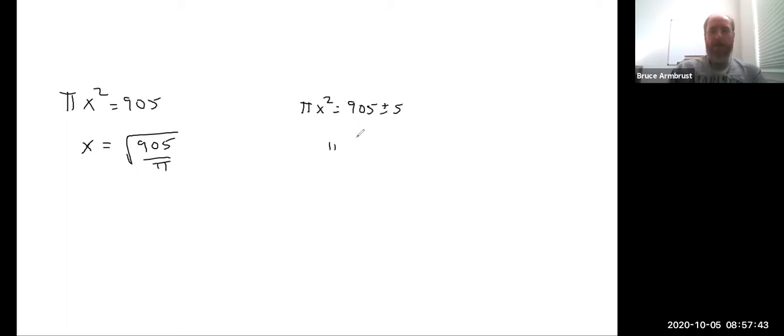So that means the pi x squared can be between 910 and 900. And we can go ahead and solve this for x, get some bounds for x. Let me just do it here.